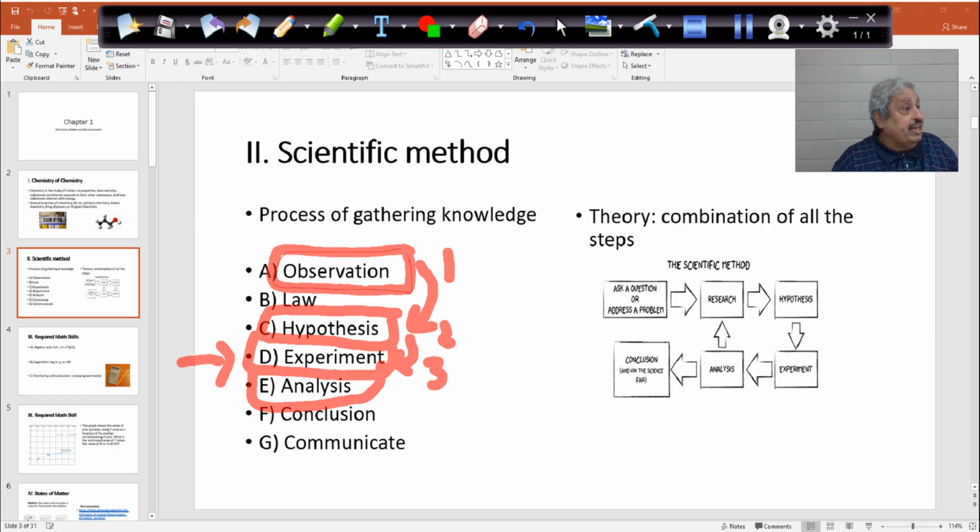If the answer is yes, and that's proven to be true by many scientists over the globe, then I can, with certain position, say to the scientific community, this can be elevated from just normal statements, normal hypothesis, to a theory.